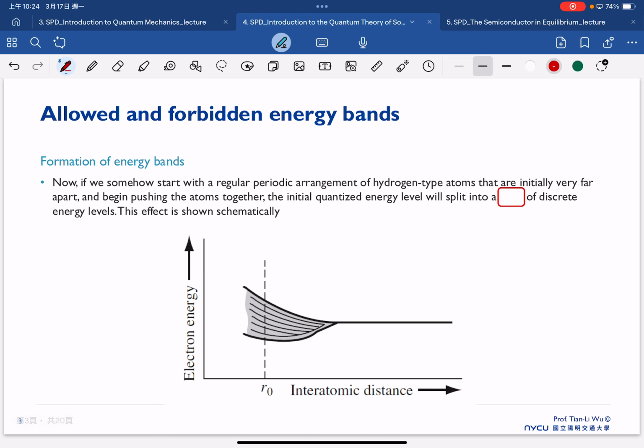Okay, and also, if we start with a regular periodic arrangement of hydrogen-type atoms that are initially very far apart and begin pushing the atoms together, then the initial quantized energy level will split into a band.